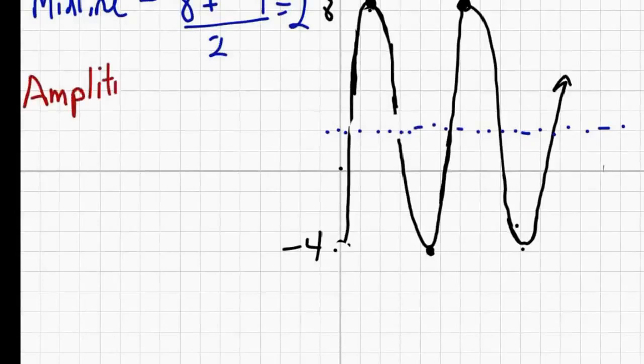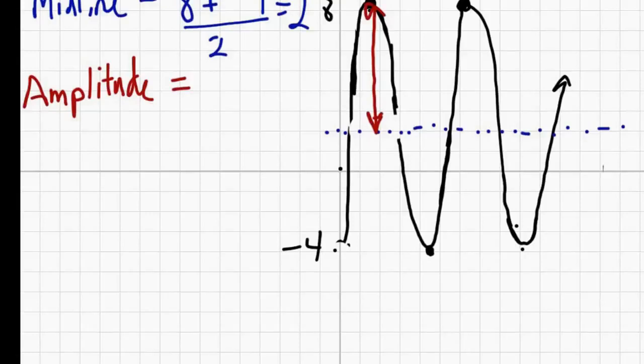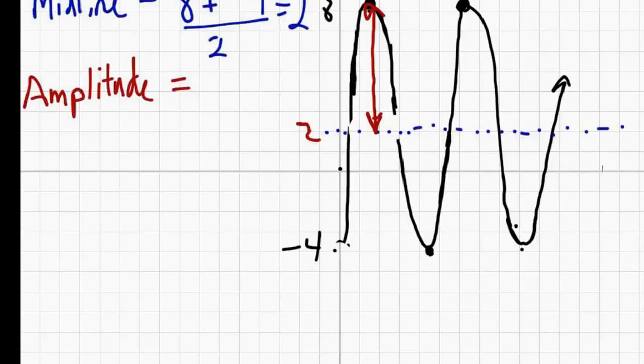Now let's do amplitude. For amplitude, same thing, you can use common sense. It's the distance from the midline to the peak. In this case, from 2 up to 8 is 6, or you can measure from the midline to the bottom, which is also 6.